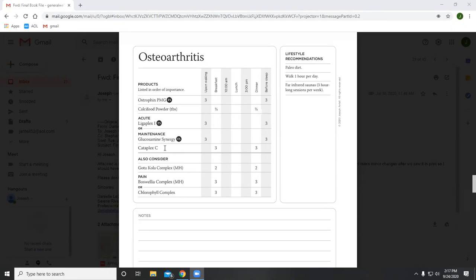If you want to use the liquid, it would be 1 teaspoon, which is 5 mils, twice a day. You should write that in because I should have written that in there too. So 5 mils is 1 teaspoon. So 2 teaspoons a day.